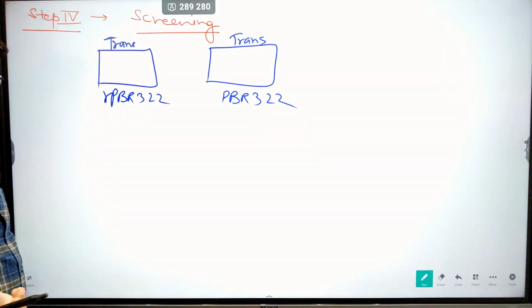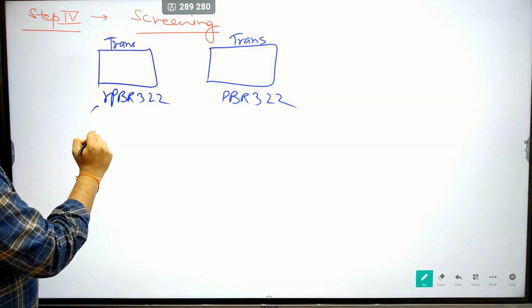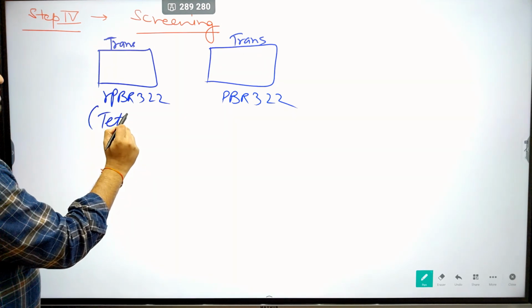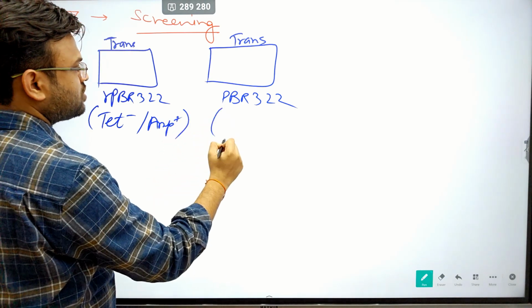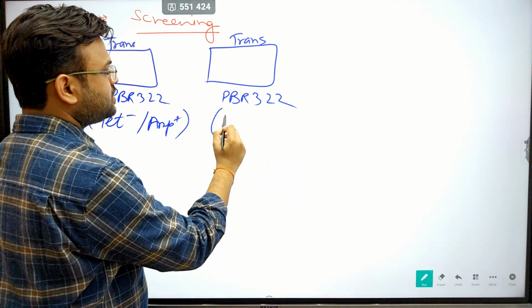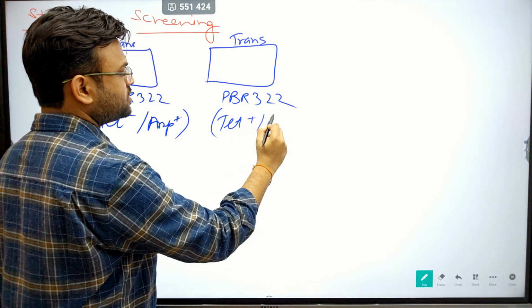Just for your purposes, I am writing down that over here the tetracycline resistance gene is absent and the ampicillin resistance gene is present, and talking about this, the ampicillin and tetracycline resistance genes both are present.